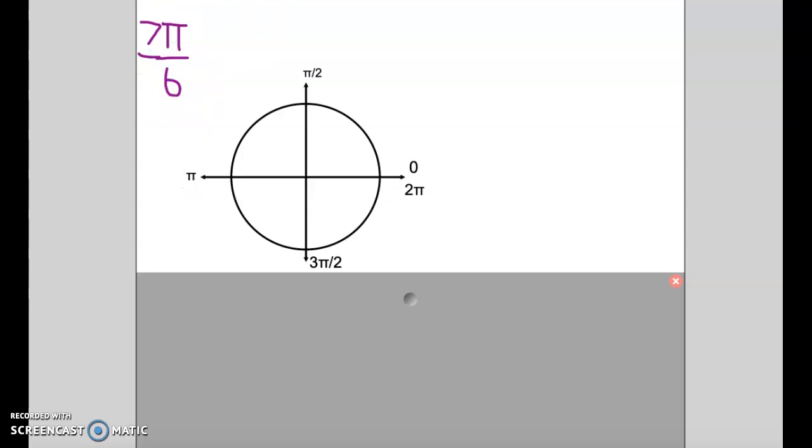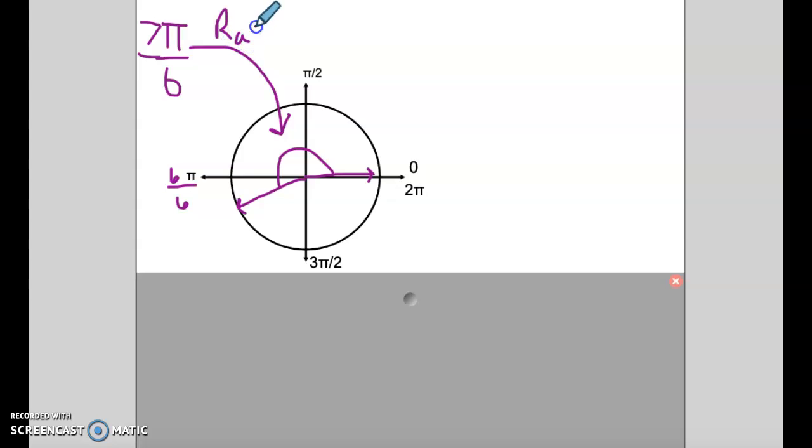So let's bring it to a common denominator of 6. I always work with this pi. It gives me a quick frame of reference really fast. So there's 6 pi over 6. I need 7 pi over 6, which is going to be right past 6 pi over 6. There's my initial side and my terminal side. Here is the angle measure, 7 pi over 6 radians.